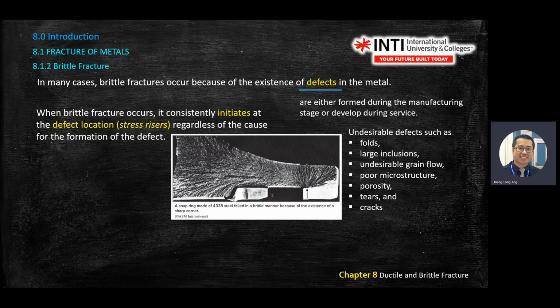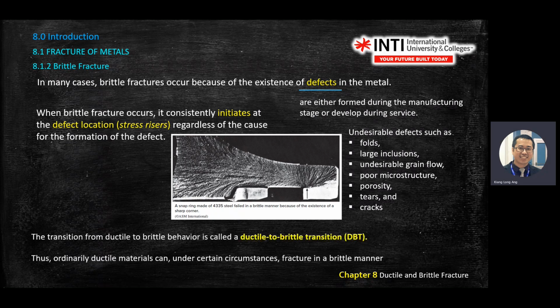For example, the one you see on this diagram, if you see the pattern here, you actually can predict how the crack was formed. You look at the pattern, you follow it like a river stream, you walk upstream. So you see there's a line here, a hairline.